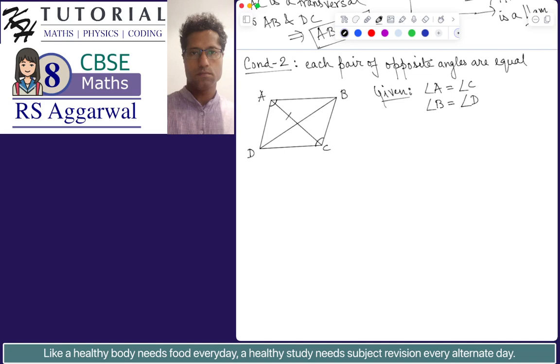If you consider triangles ADC and ABC, AC is the common side, and angle D is given to be equal to angle B. This is equal to this.